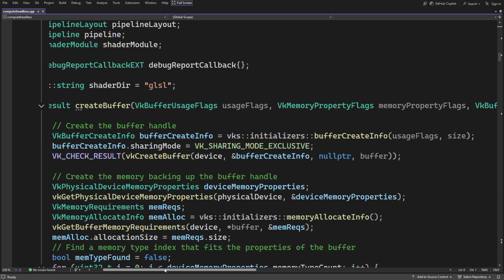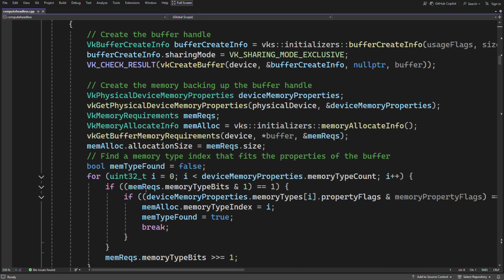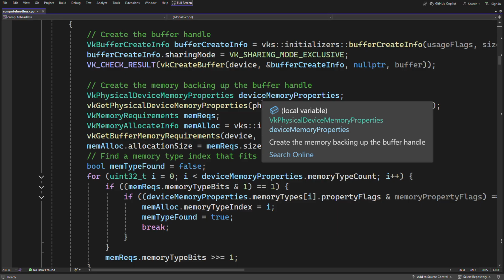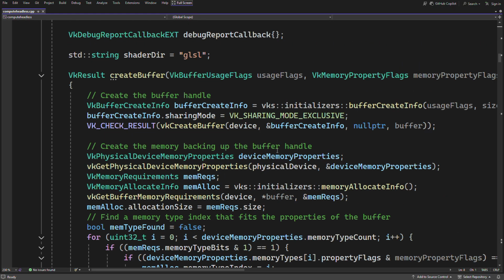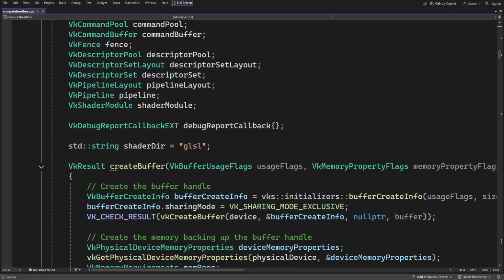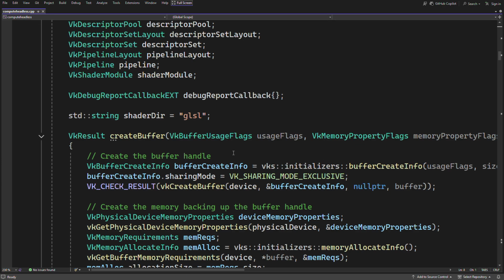Now, notice that this memory type discussion is part of the create buffer function. We're creating a buffer, so we choose the memory type that fits the properties of the buffer.